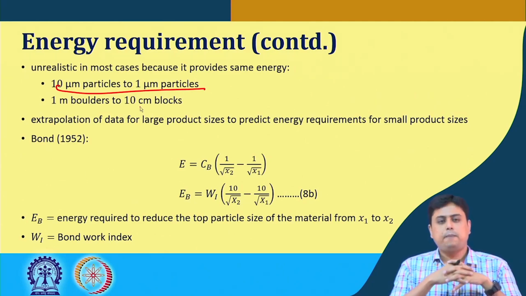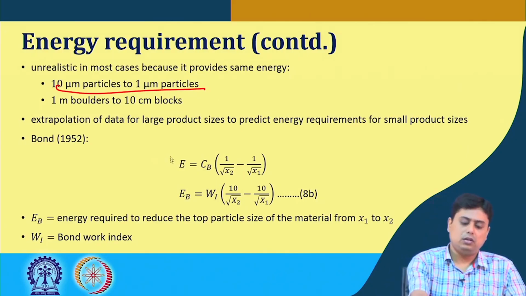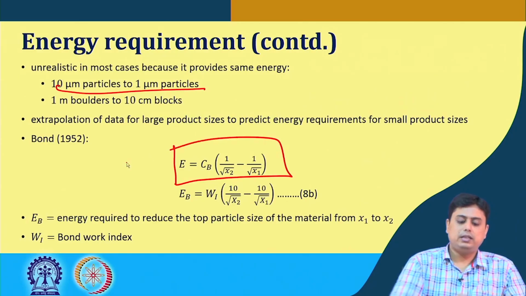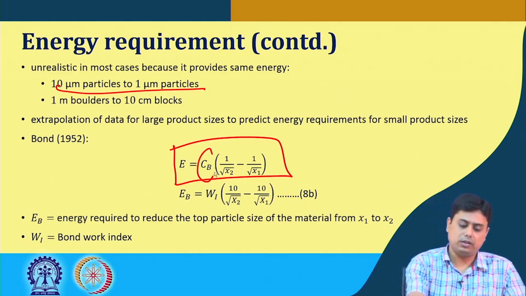So then, Bond in 1952 came up with a more generic form of the expression for the energy requirement, which is widely used as an initial estimation. He proposed that instead of just 1 by x, it varies as 1 by root over x2 minus 1 by root over x1, multiplied by the Bond's law constant.